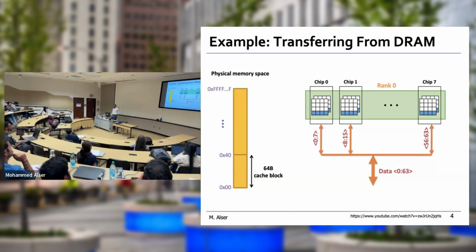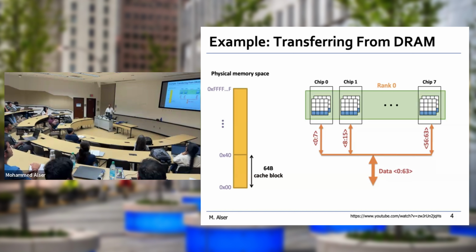All right, now I want to move a cache block. But I have here 64 bits. The cache block size is 64 bytes, which means 64 times 8 bits, right? So at every clock cycle, I can get only 64 bits from the DRAM. So what should I do? I send a clock cycle.